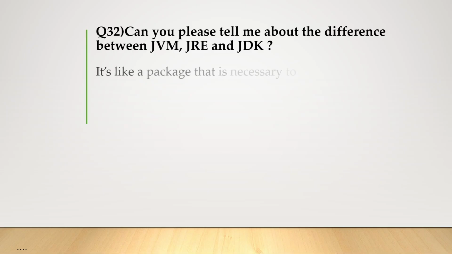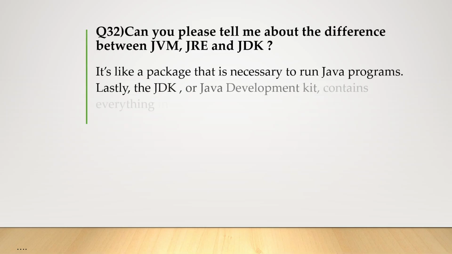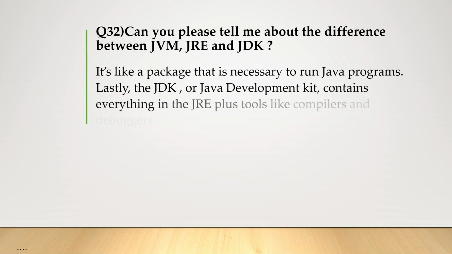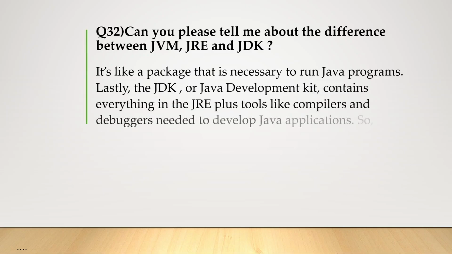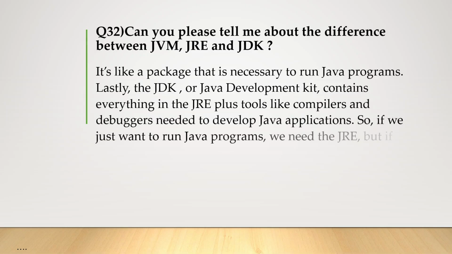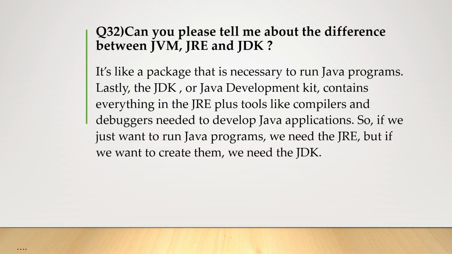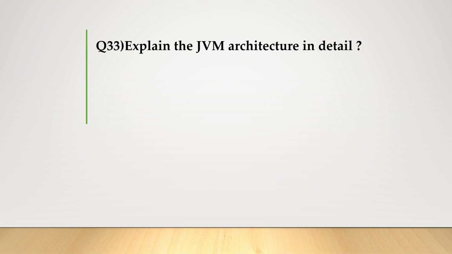It's like a package that is necessary to run Java programs. Lastly, the JDK, or Java Development Kit, contains everything in the JRE plus tools, compilers, and debuggers needed to develop Java applications. So, if we want to run Java programs, we need the JRE. But if we create them, then we need the JDK.